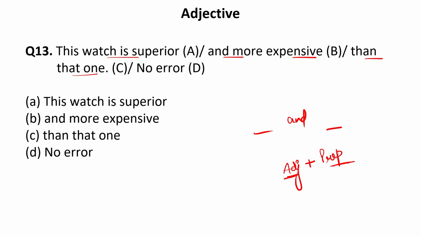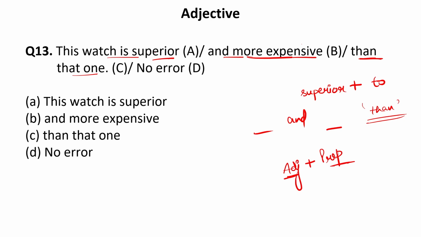For example, here the word is superior, and with superior we know well that after superior we need a preposition, that is to. More expensive is a comparative degree which is compared to something else, and that needs than as a preposition to be added.